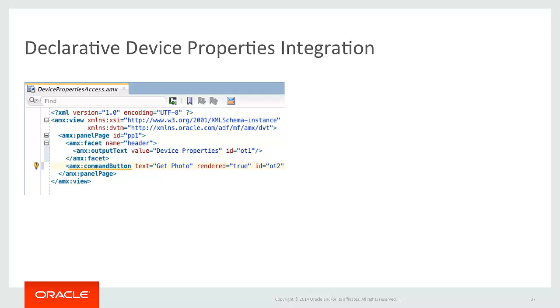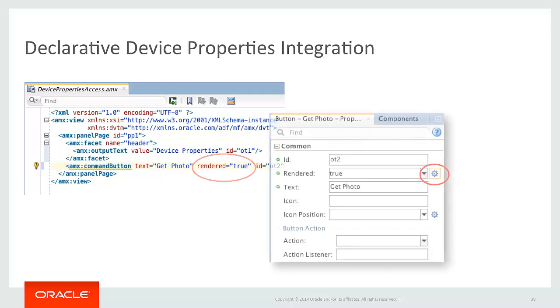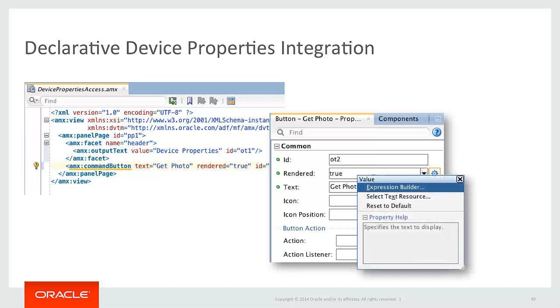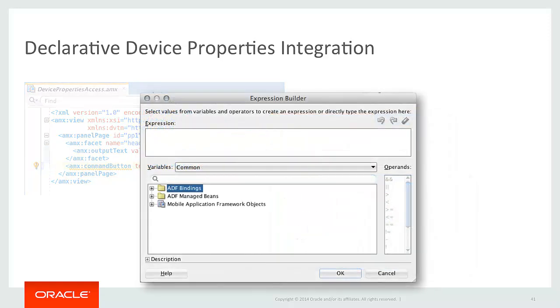On the rendered property, if I open the property inspector, which is a feature in JDeveloper, one way to look at the configuration of a component, then if I move my mouse to the right of the rendered property attribute, I see an option to launch the expression builder. And the expression builder gives me access to everything within my MAF application, in the form of data control bindings, managed beans, but also the device properties.